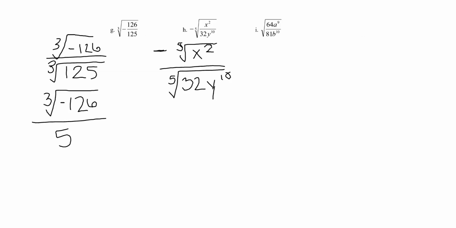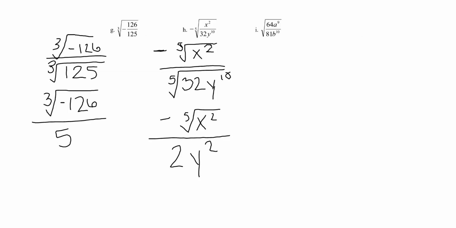On the top, again, there's nothing that I can do. 5 does not go into 2, so I'm going to leave it as a negative fifth root of x squared. But on the bottom, the fifth root of 32 is equal to 2, and 5 divides into 10 2 times, so I have 2y squared. And that's my final answer. I can't do any more, so that's the answer for that one.